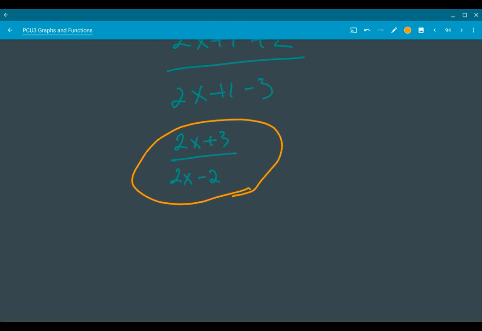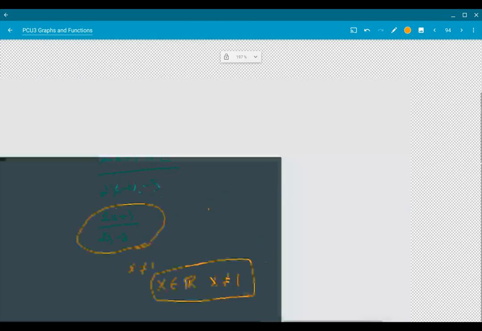If we look, x can be anything except x cannot equal 1, because if x is equal to 1, the denominator is 0. So what we say is x is contained within all real x not equal to 1. So that is your domain.